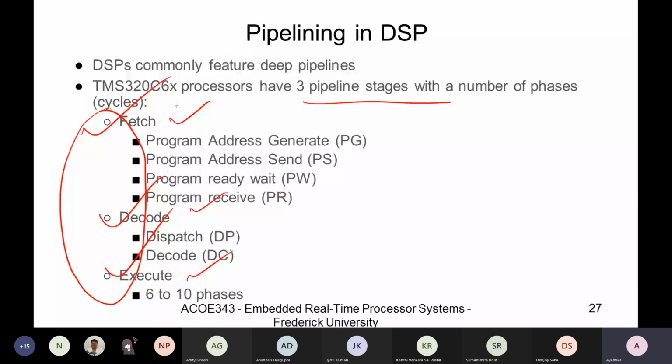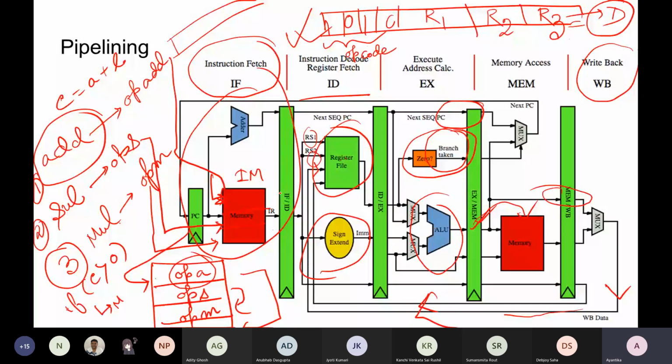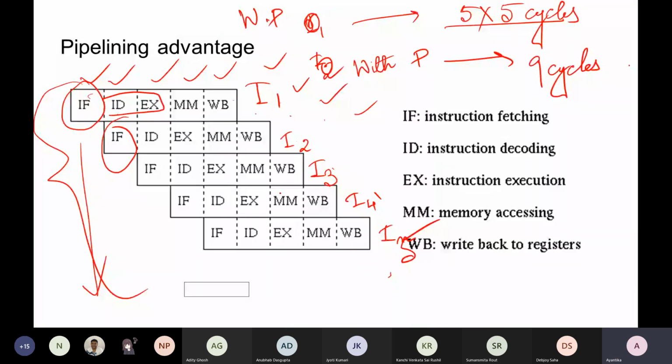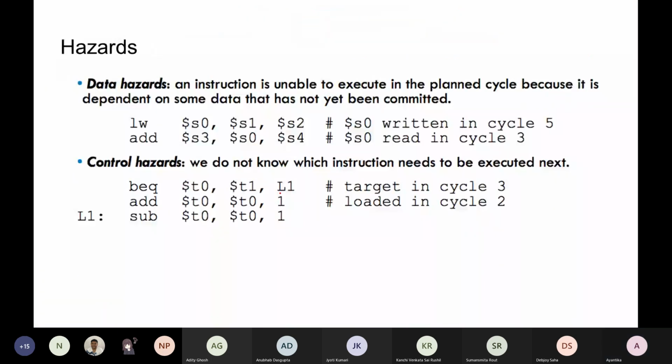Now this is a simple thing, whatever gain we can achieve through this pipeline. But there are some problems, hazards, associated with these pipelines also. What are they? We can take these examples and that will help you to understand. Let's say you are considering these instructions.